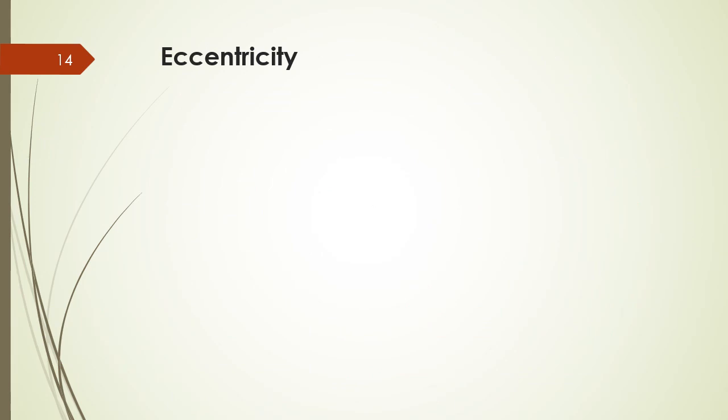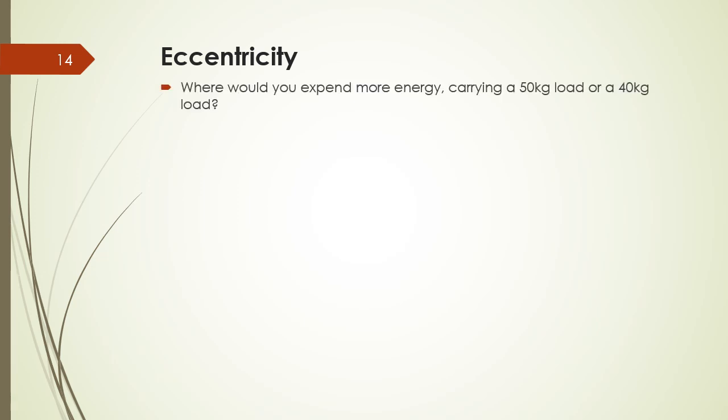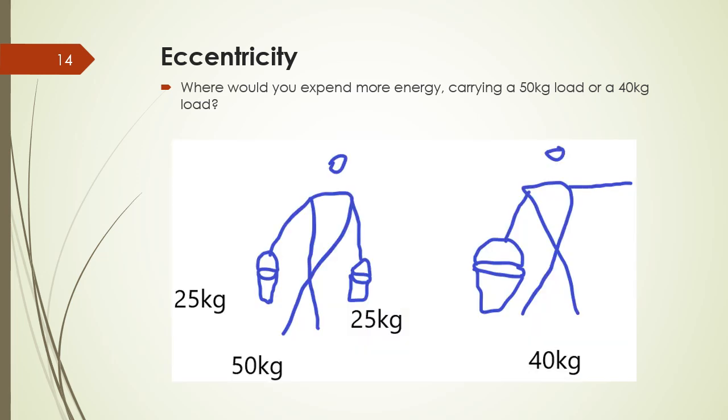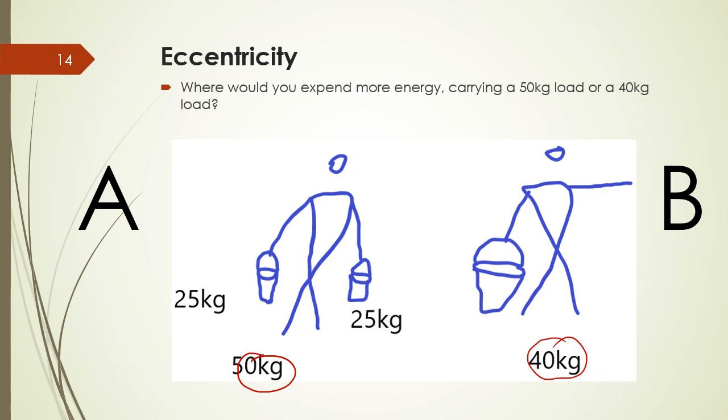Something very important in the design of columns is called eccentricity, because it contributes an additional moment to the moments already experienced in the column. I'll give a small analogy of the effect of eccentricity. Assuming you are this person carrying 50 kg in scenario A or 40 kg in scenario B, you'll find that even though 50 kilograms is a heavier load, carrying it in scenario A will be easier than in scenario B because of balance.